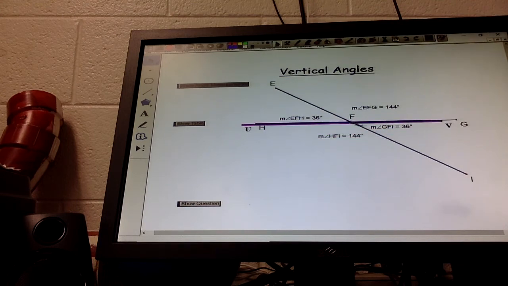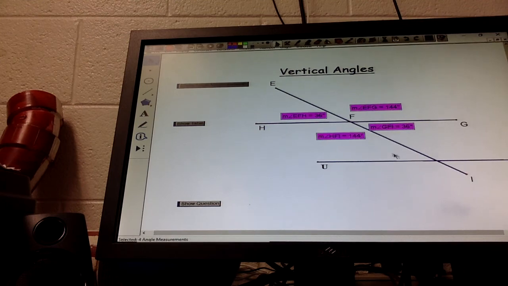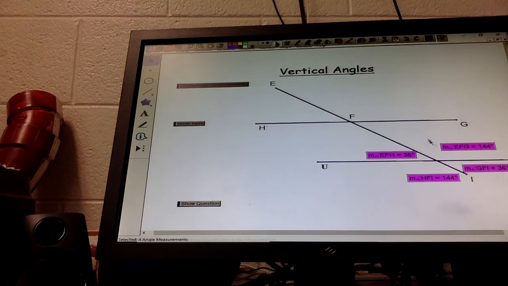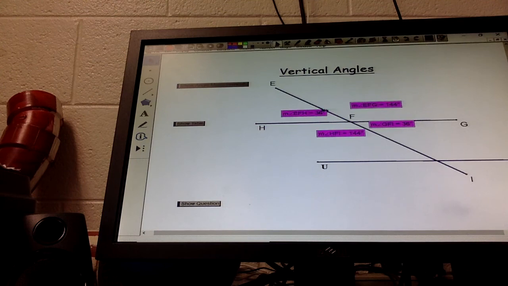So what that means is, right, parallel never touches, it's at the same angle, so whatever these measurements are, like 36, 144, 36, 144, is going to be the same on this parallel line. All right, we'll talk about vocabulary, what it actually means. But the order of these in this angle and this is going to be the same because of linear pairs and because of vertical angles. Now, they have names, and we'll talk about those later, but that's just kind of a preview of what's coming up when we get back in class.